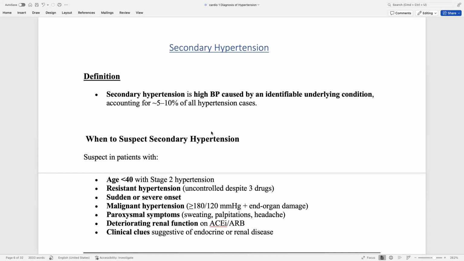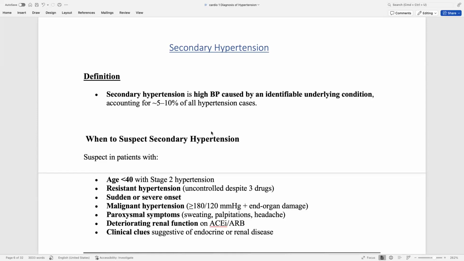Sudden severe onset of blood pressure, usually blood pressure is gradual, but sudden severe from normal to very high, you think of secondary. Any patient with malignant hypertension, we think of secondary. Paroxysmal or associated with symptoms of paroxysms.